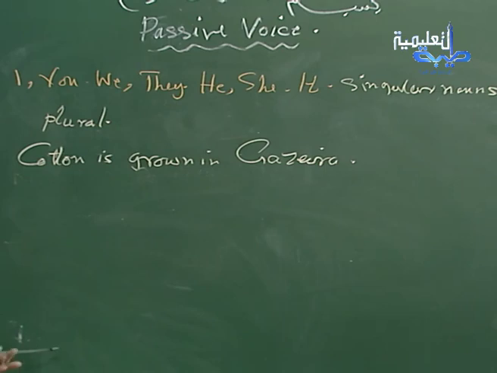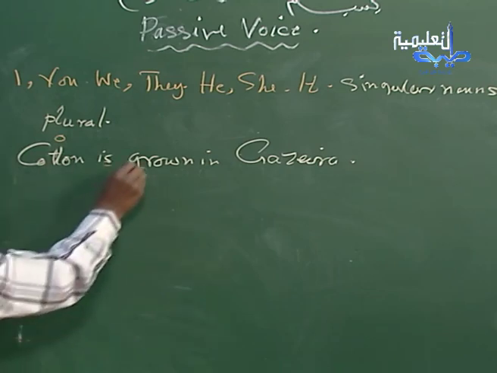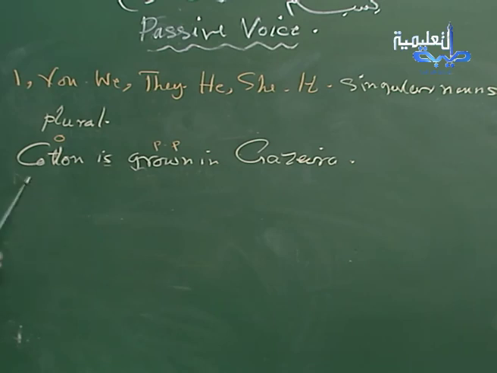Here, cotton is the object. This is the past participle. It means that this sentence is in the present simple, a passive in present simple. How do you know that? Because there is is, and after is there is a past participle.